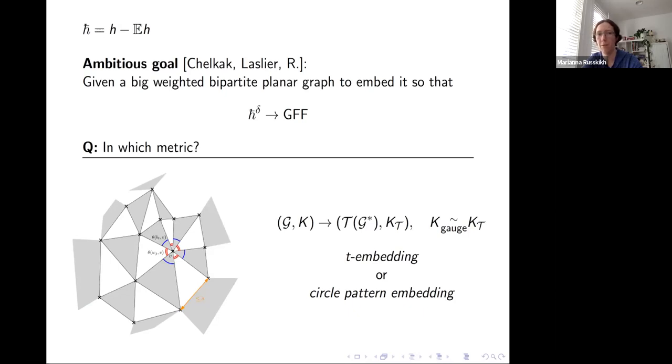Moreover, what if we want to deal with weighted dimer configurations instead of the uniform one? And here is the goal. We want to draw a graph in such a way that the fluctuations of the height function converge to the Gaussian free field.